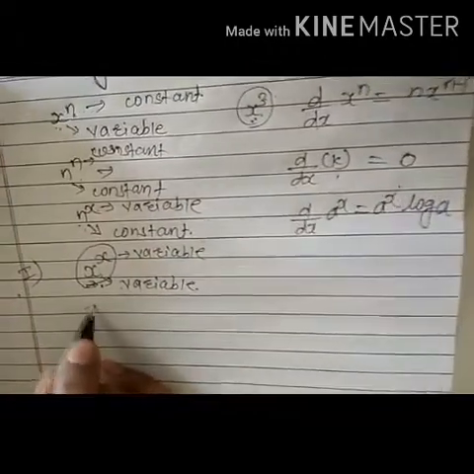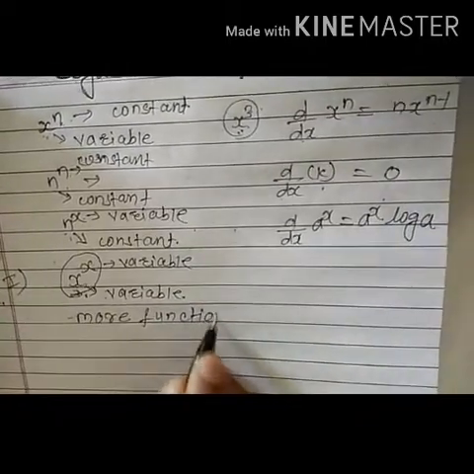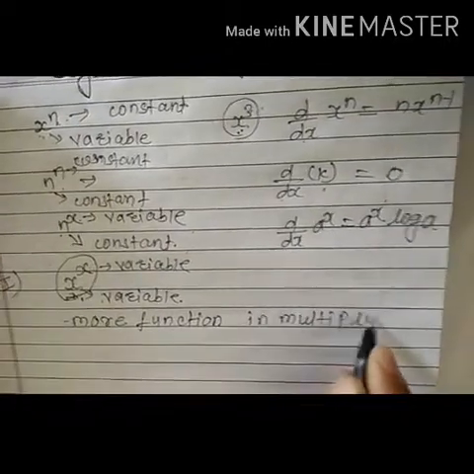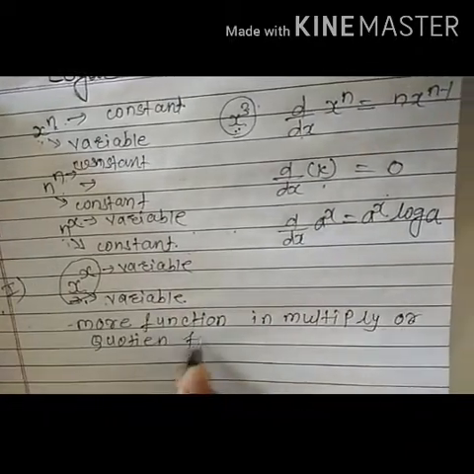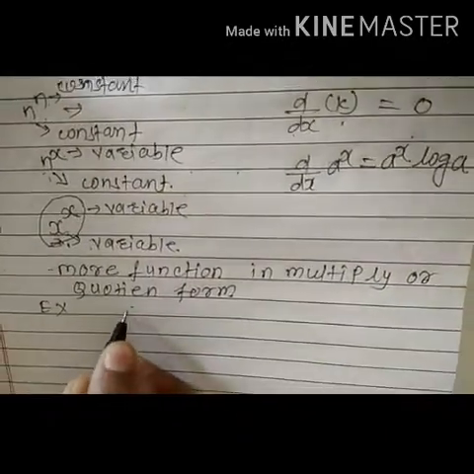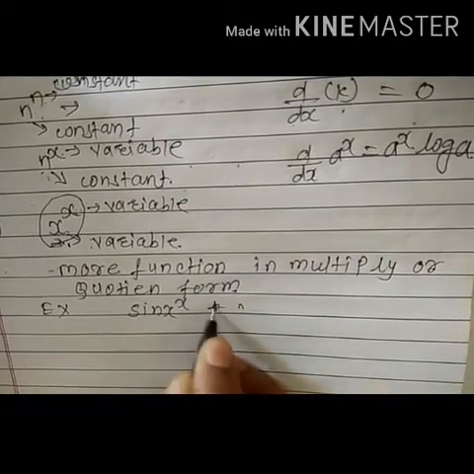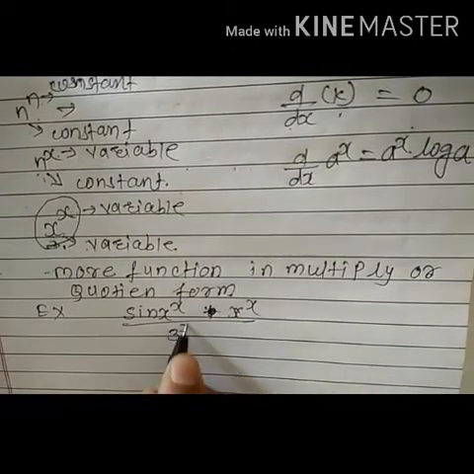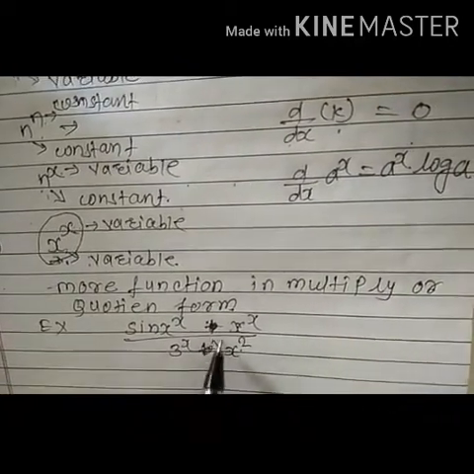some more functions in multiplication or quotient form. For example, sin x raised to x, into x raised to x, divided by 3 raised to x plus x raised to 2 into 2.